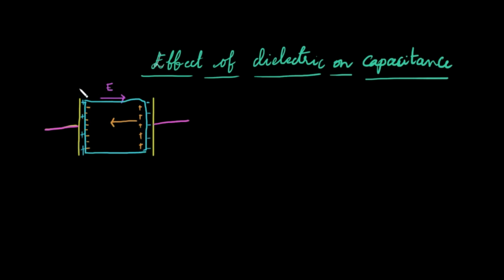Let us take the original electric field between the plates as E1, and the electric field developed in the dielectric as E2. Now the net electric field is E is equal to E1 minus E2.